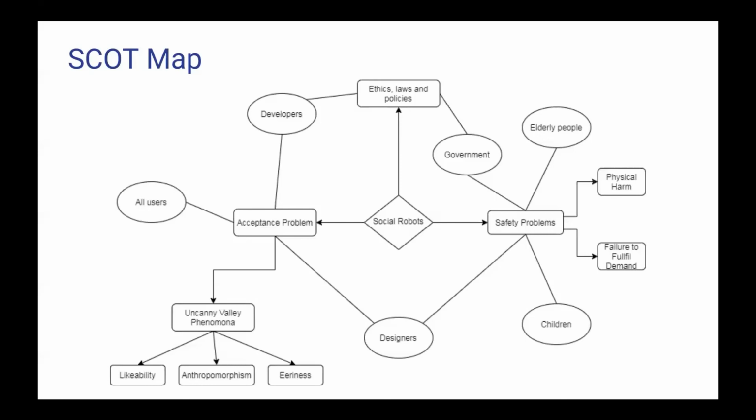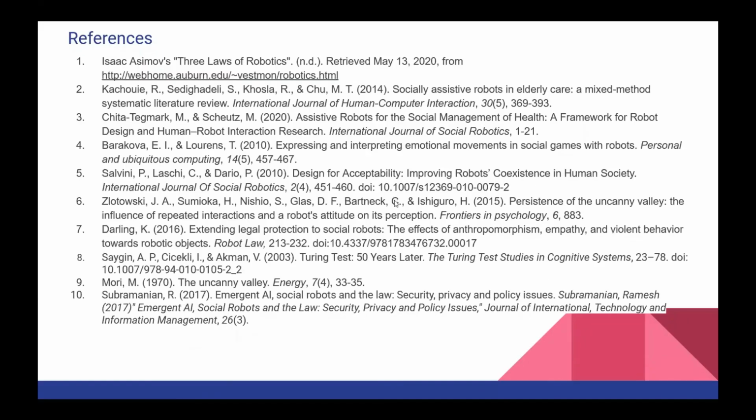Also, from the technological momentum perspective, the uncanny valley phenomenon shows us an example of reverse salience. Humans don't like robots that almost look like a human, but they do like robots that totally look like a human. So if production of better looking robots continues, people will stop disliking social robots, and this technology might gain momentum. Here you can see our references.